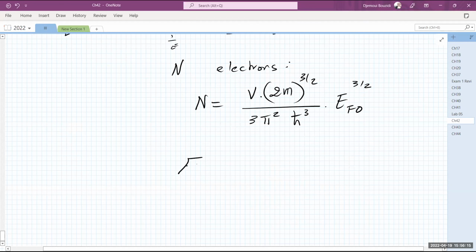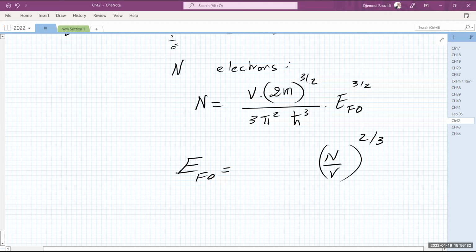As a matter of fact, we can find it as E_F naught is equal to, all I have to do is just rearrange these things. Remember, I have N over V in here, and I need N over V to the power 2/3, because I have everything to the power 3/2.